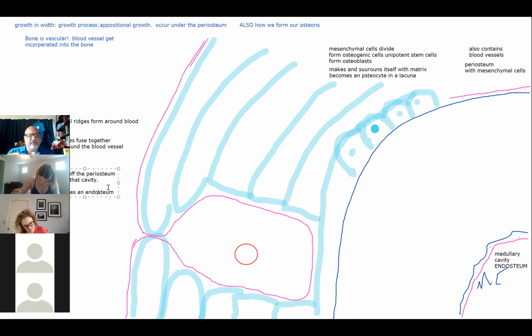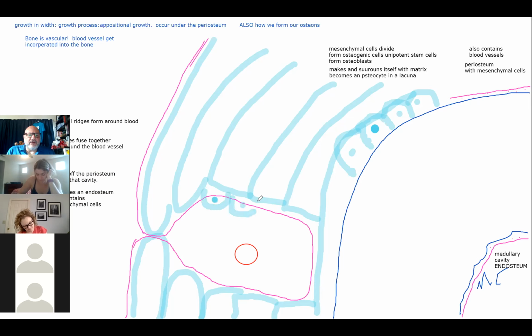But guess what? That endosteum still contains mesenchymal cells. And that mesenchymal cell is going to divide and produce an osteogenic cell. And that osteogenic cell is going to divide and produce an osteoblast. And that osteoblast is going to surround itself with matrix.